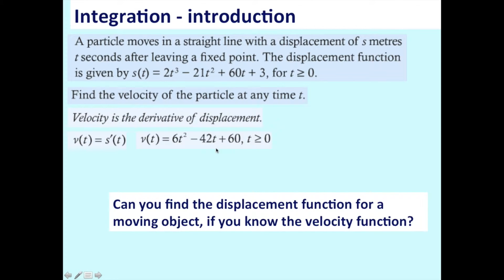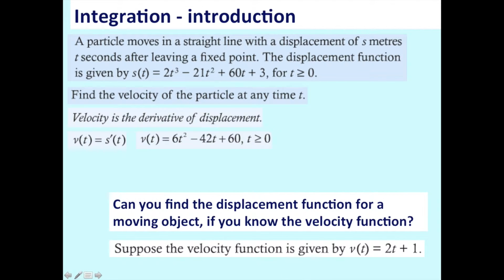My question then is, can you find the displacement function for a moving object if you know the velocity function? What we've done above is I've given you the displacement function, and you've found the derivative of it in order to find the velocity. So if I was to give you a velocity function, for instance this one here, 2t plus 1, can you work backwards to work out what the original displacement function would have been?